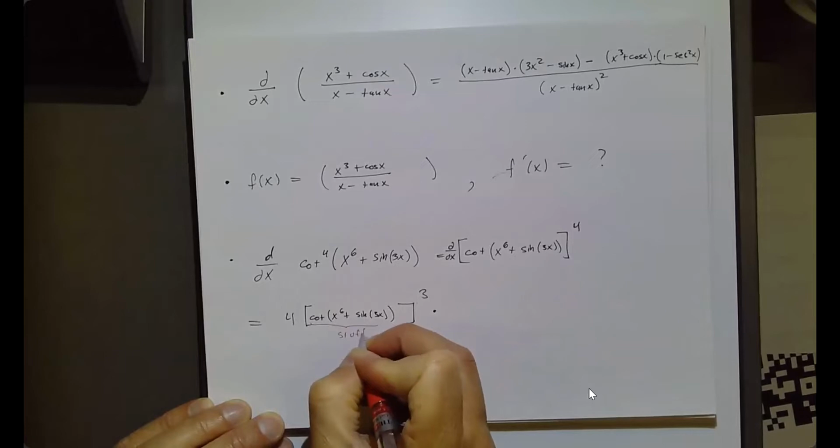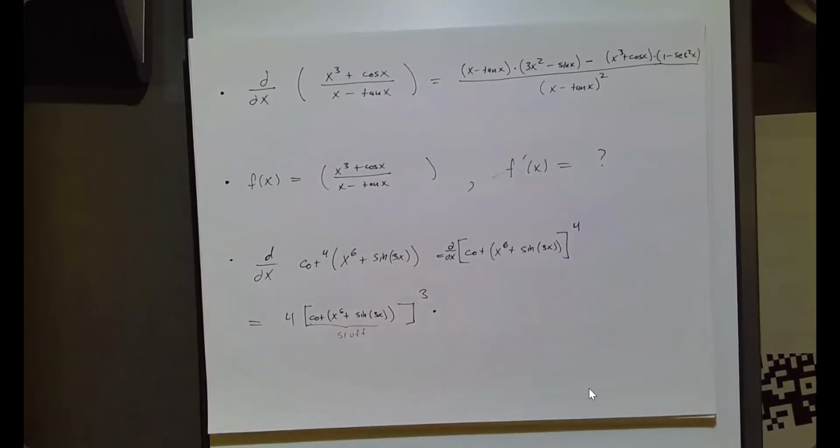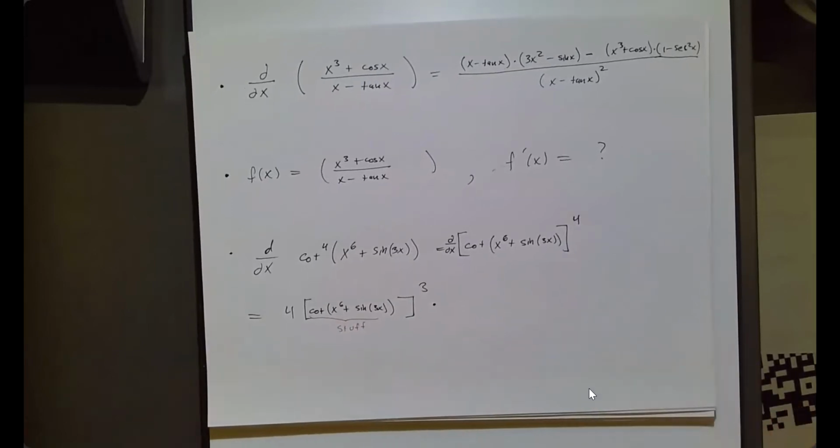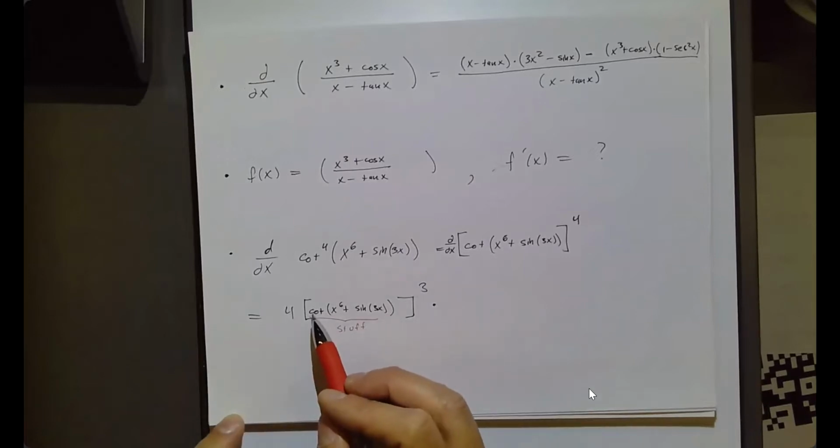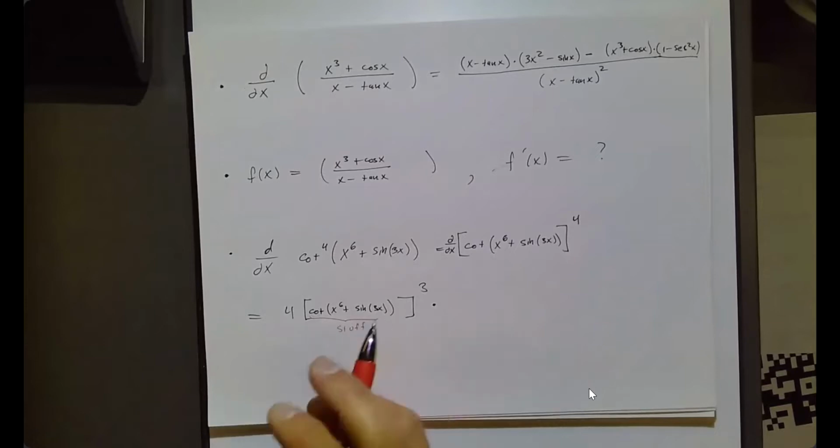I know it's a very general question. Watch, it's a very specific question. What I need to multiply by is the derivative of the stuff. So whenever I'm using the chain rule, I'm thinking, oh, I've got a function of some stuff. And the inside stuff, we always have to multiply by its derivative, which might also require the chain rule again. It's okay. So I'm trying to take the derivative of cotangent of x to the sixth plus sine of 3x.